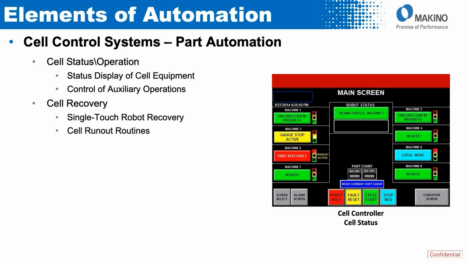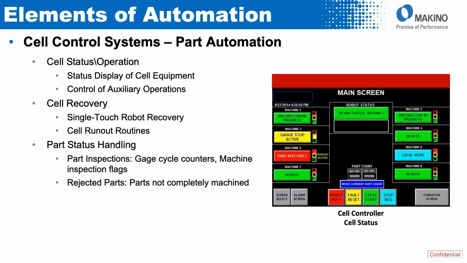Or if you want to change a part type and you want to run the cell out, all that can be done via the cell controller, where the operator does not have to go into the cell and manually pull those parts out. That's all done automatically for them. Once again, we're trying to keep that cell up and running and remove all those conditions and scenarios where alarms and error conditions can happen.